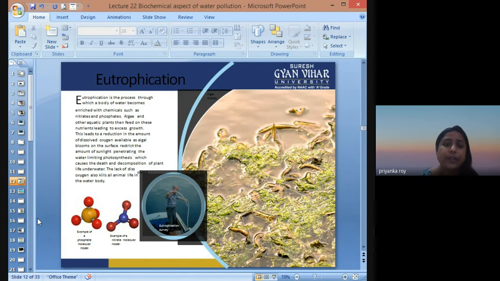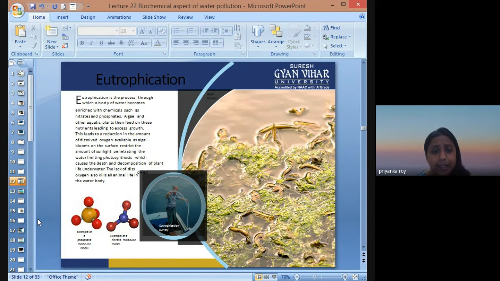is eutrophication. Eutrophication is the process through which a body of water becomes enriched with chemicals such as nitrate and phosphate, and algae and other aquatic plants feed on these nutrients, leading to excess growth.